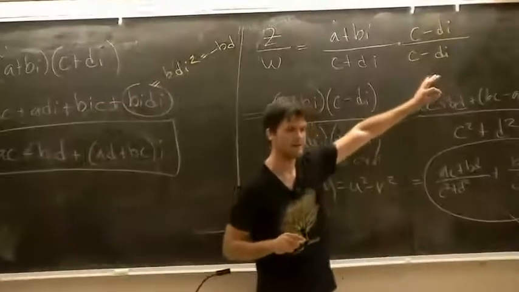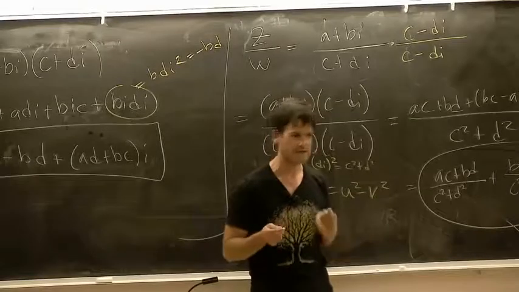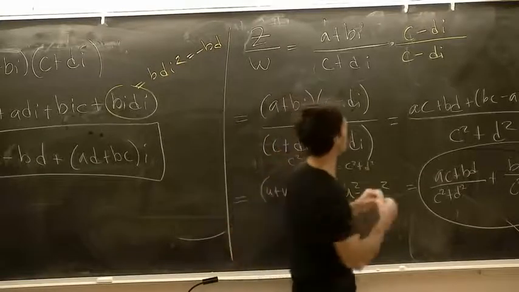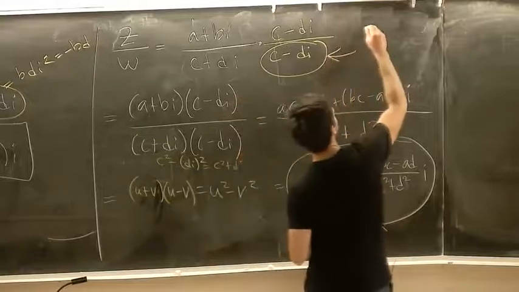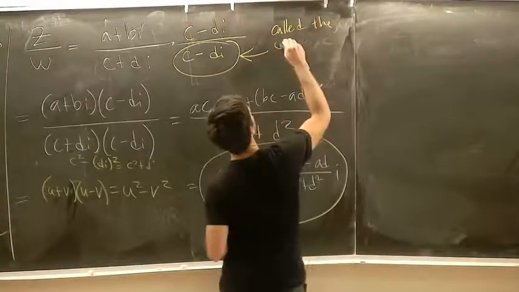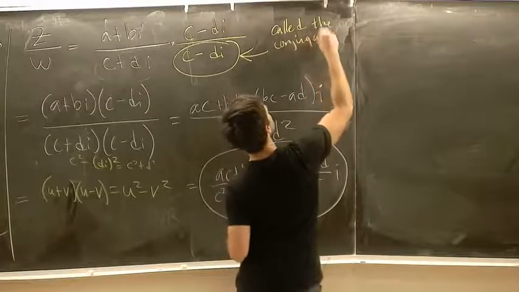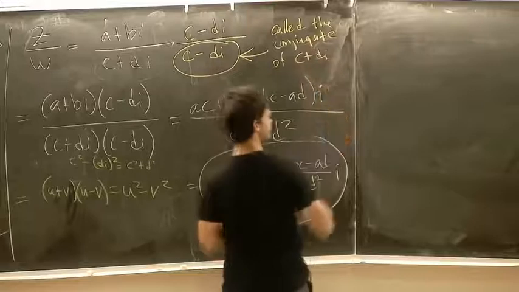And this trick that I had to do right here, where I multiplied by c minus di, is so common that there's actually a special name. This guy right here is called the conjugate of c plus di.